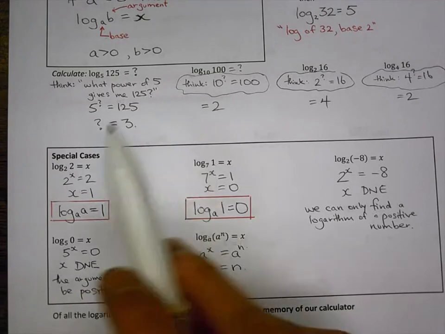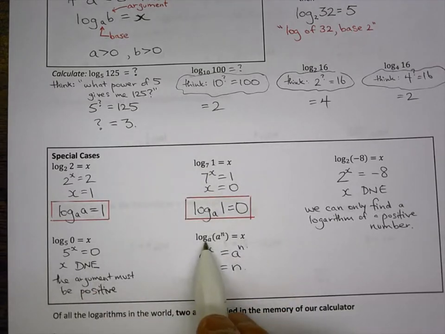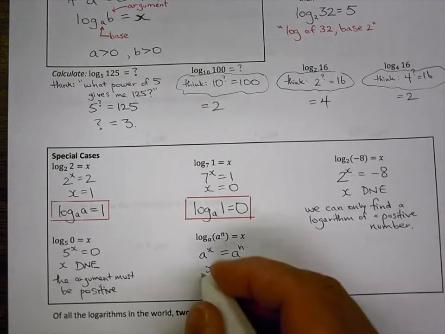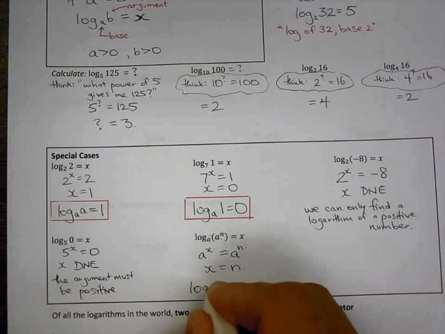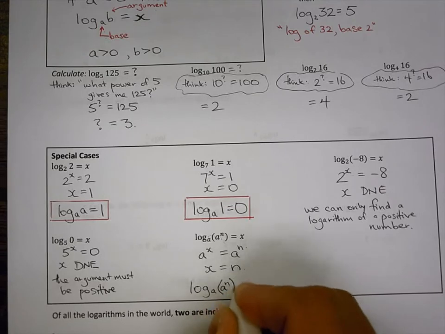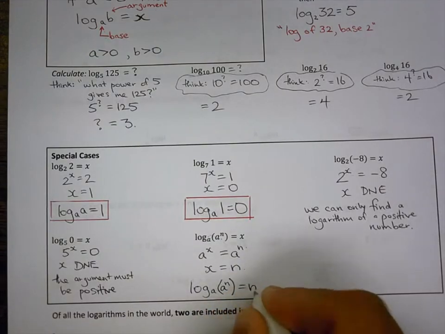Remember, and we're going to look at this more tomorrow, log and exponents are inverses of each other. So an exponent and a log undoes each other, and I'm just left with the original. I'm just left with this number here, this argument, or this power. So log of a to the n base a is just equal to n.